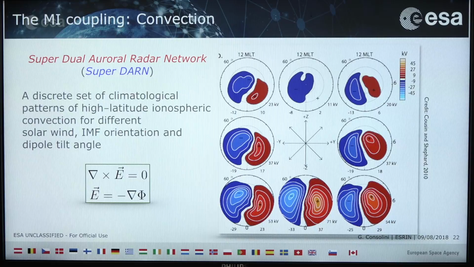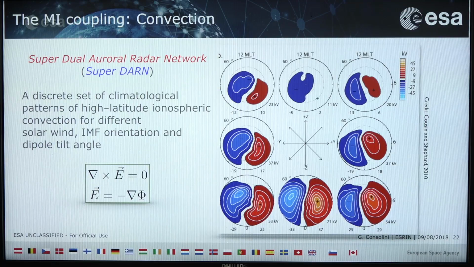Okay, let me show you how these convection cells depend on the different conditions. You can see here that depending on the Y direction, these different plots are the results of a long-standing observation using the Super Dual Auroral Radar Network.